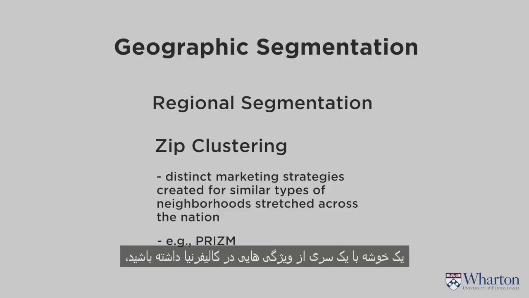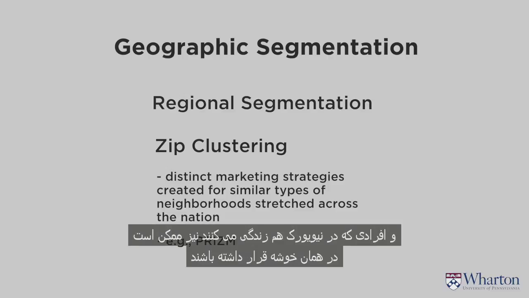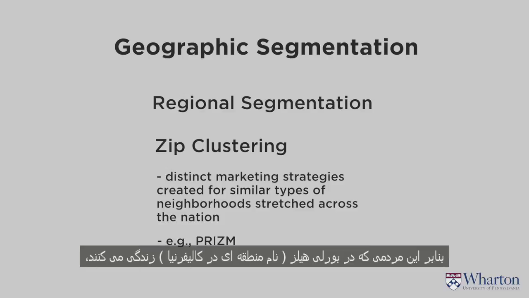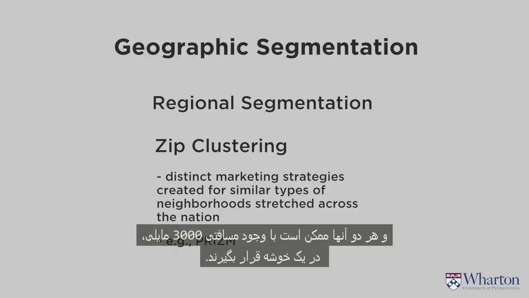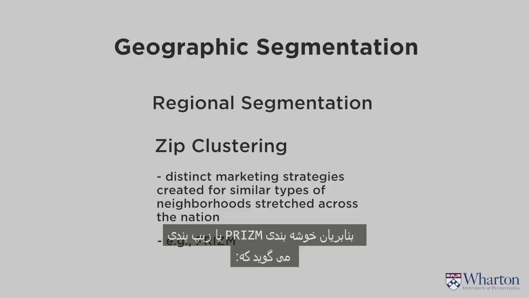So you could have a geographic cluster with some characteristics that's in California, and people who live in New York may be in that same cluster. People who live, say, in Beverly Hills, California, may be similar to people who live in Scarsdale, New York, and those two may be in the same cluster, even though they're separated by 3,000 miles.